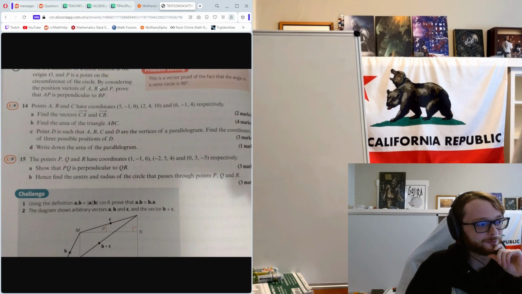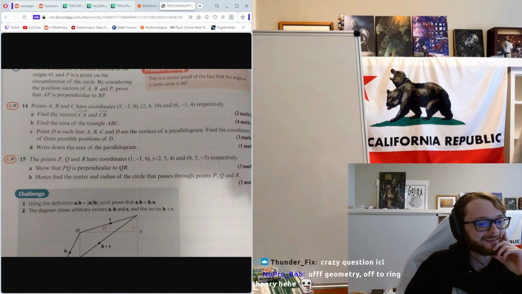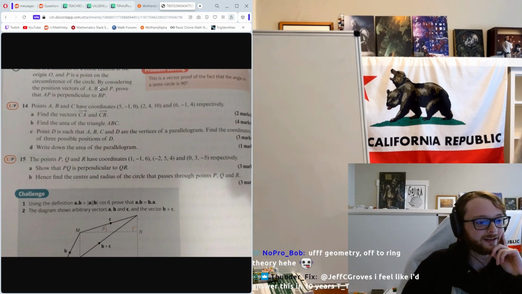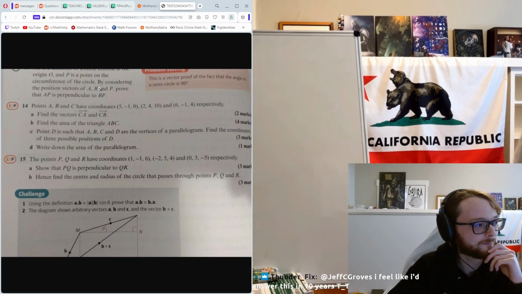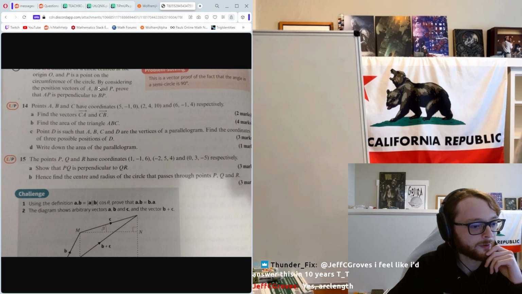While I'm thinking about this, let me read what Jeff just wrote. Off to ring theory. Yeah, but I don't blame you. The integral of the distance. Are you talking about arc length there, Jeff? Okay, and I guess if you're minimizing it, then maybe you just end up with a distance formula once you derive it.